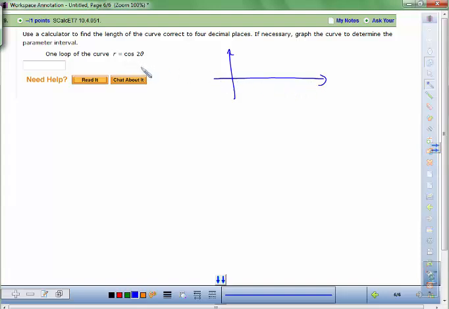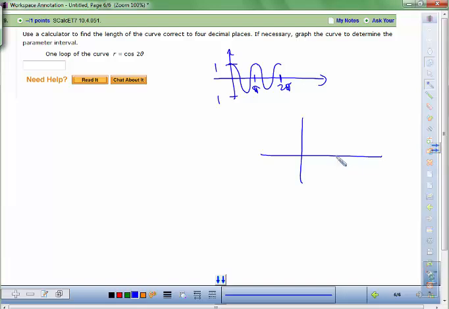This is cosine 2 theta, that is going to have a period of pi instead of 2 pi, so it's going to be squished. So it's going to finish its looping there, and this has r is equal to 1, amplitude of 1.